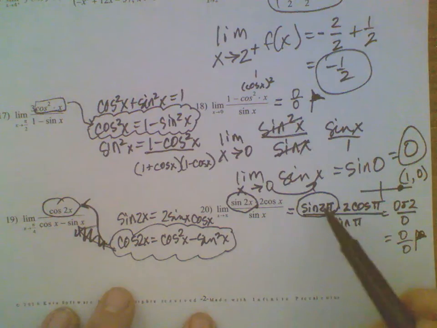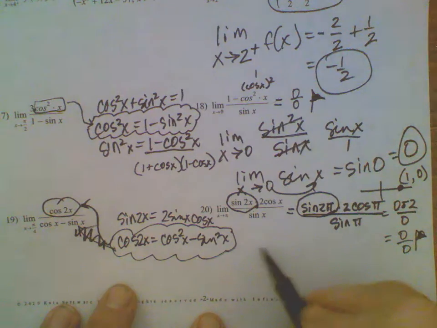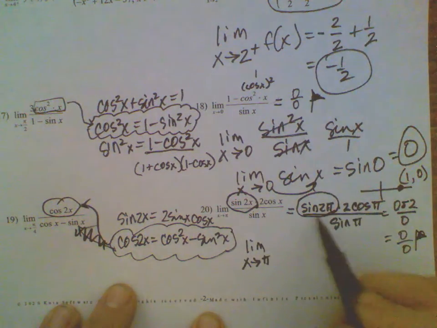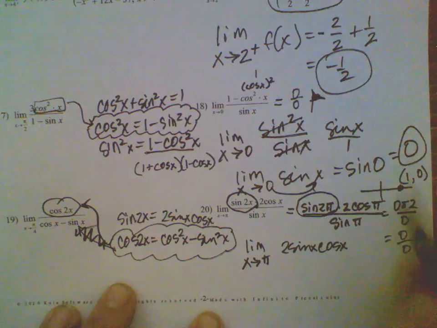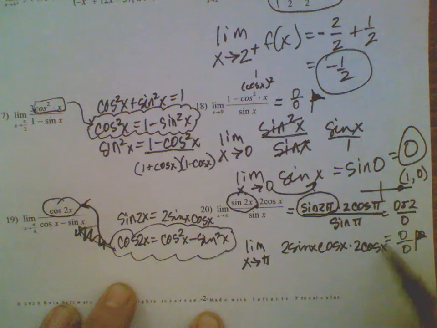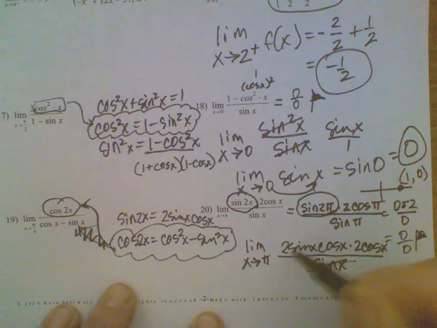Those are the things that you can manipulate. And so I will replace that sine double angle. I'll rewrite this as the limit as x approaches pi of sine of 2x, which is 2 sine x cosine x, times 2 cosine x that was there, over sine x. I can cancel the sine x out.